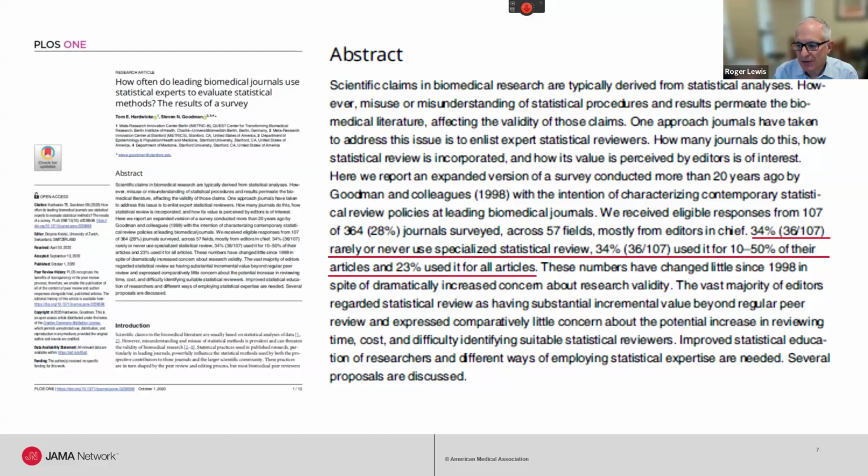I will tell you that at the high impact journals at this point, if they're seriously considering your article, they're going to have a statistician look at it through some sort of mechanism, or you need to assume that they will. But it's interesting that it's still pretty inconsistent.